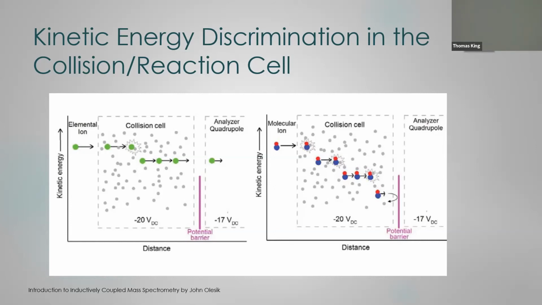And once they collide with the helium, they're rejected by a potential barrier, which makes sure that none of the molecular ions will pass into the quadrupole. As you see on the left side, the elemental ion is smaller, and there are some collisions, but much fewer. So more of the element that you're looking for will pass into the analyzer quadrupole than the molecular ion, because the molecular ion takes up more space and will collide more.